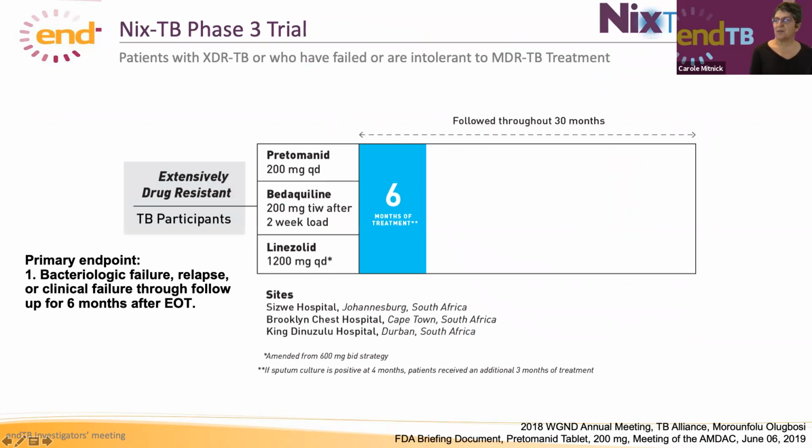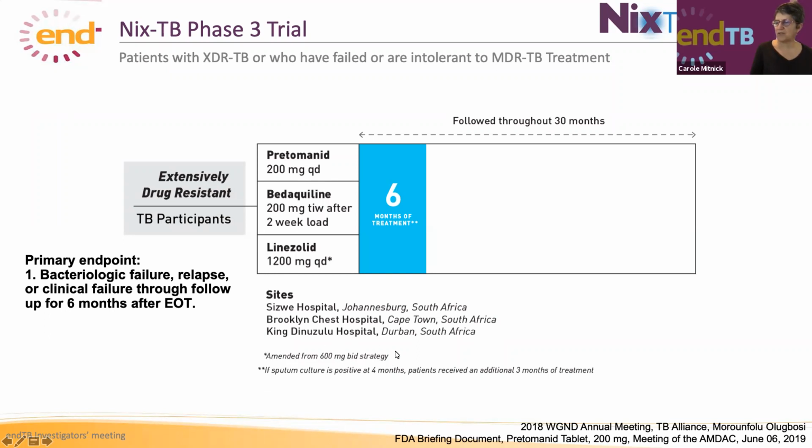The Nix-TB trial, you likely have heard about it previously. I'm not going to go into any detail, but I just wanted to remind you of this seminal work on the bedaquiline, pretomanid, and linezolid containing regimens on which the other studies build. Nix was a single-arm study that tested the regimen containing those 3 drugs with linezolid used at 1,200 milligrams daily.